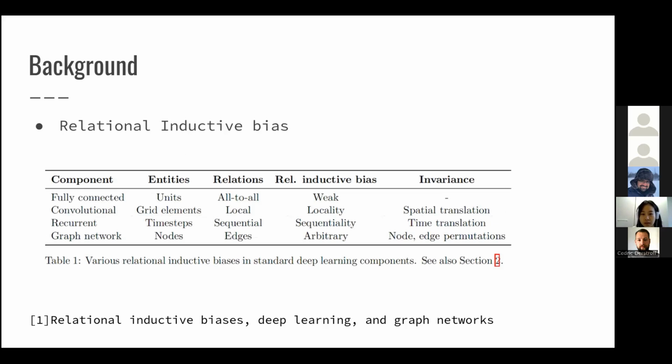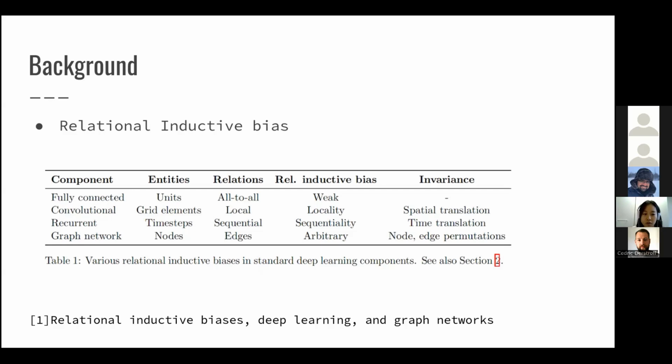In this way, the relational inductive bias is very weak. So for the convolutional layers, they focus on the spatial translation. And for the recurrent layers, they focus on the time translation.